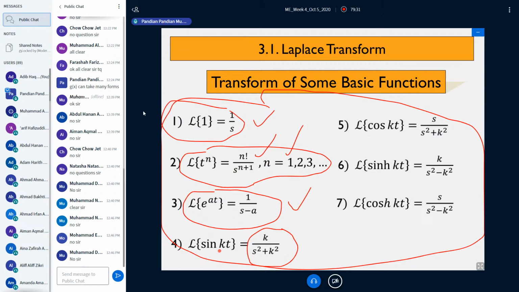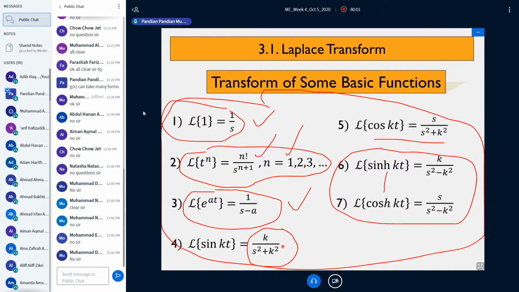Laplace of sine kt is k divided by s squared plus k squared. This is for the trigonometric function. Laplace of cos kt is s divided by s squared plus k squared. And these two are very special functions. This is what we call hyperbolic functions. There is an h here, sinh and cosh. Laplace of sinh kt equals k over s squared minus k squared.